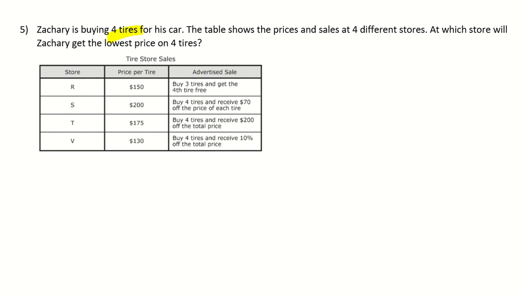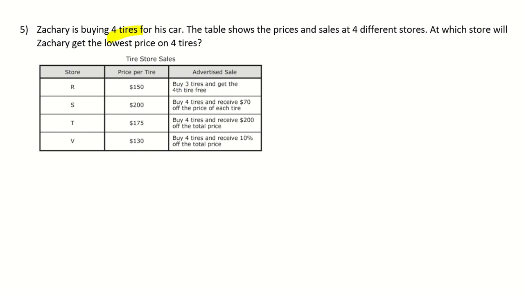Firestone, Jiffy Lube, Walmart, whatever. There's so many shops and you've got to pick the best price, the best deal. And so we're going to kind of do an example with that. So there's store R, S, T, and V, and they have different deals and discounts going on. So let's look at the first row. Store R, the price per tire is $150, but then they have a deal of buy 3, get the 4th free.